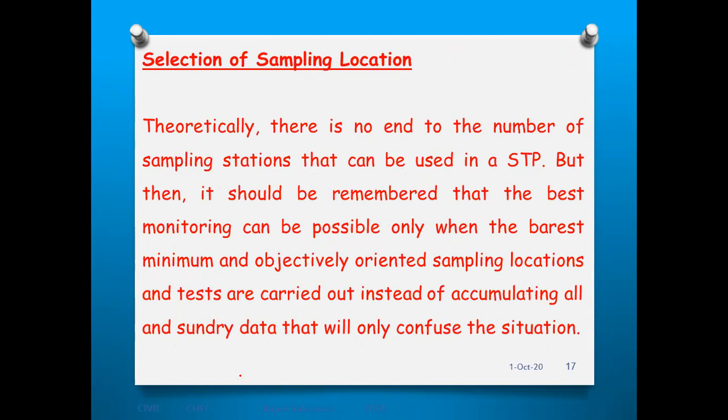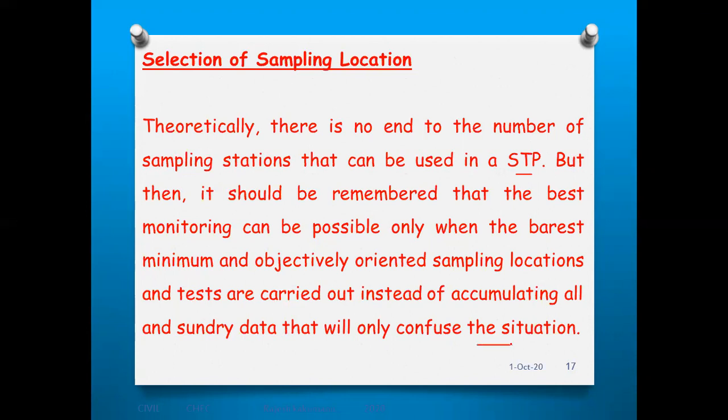Okay, now theoretically there is no end to the number of sample stations that can be used in laboratory, STP, sewage treatment plant. But it should be remembered that the best monitoring can be possible only when the barest minimum and objectively oriented sample locations and tests are carried out, instead of accumulating all sundry data that will only confuse the situation.